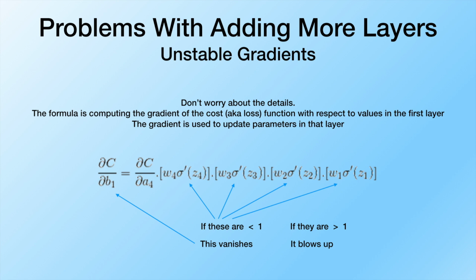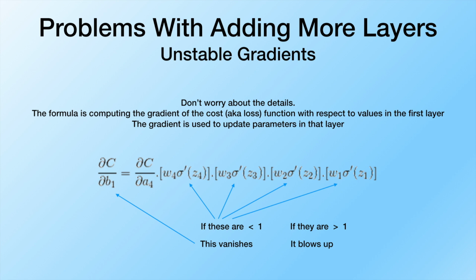You're going to have a really small value, which means you're barely going to be updating whatever parameter you're computing a gradient with respect to. So if you add a whole bunch of layers, say 6 to 10 layers or even more, then you'll just get really small gradients, which means no updating. Your model, at least at earlier layers, isn't going to be learning very well.